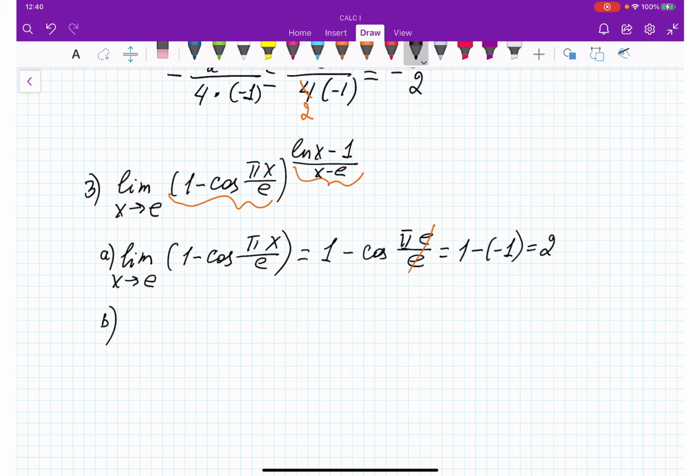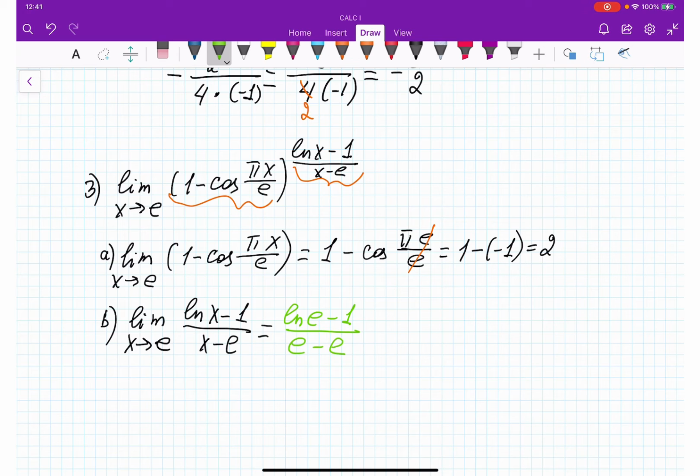It's interesting. So limit x approaches to e, natural log x minus 1 over x minus e. So let's plug e here. We are going to get log e minus 1, e minus e.